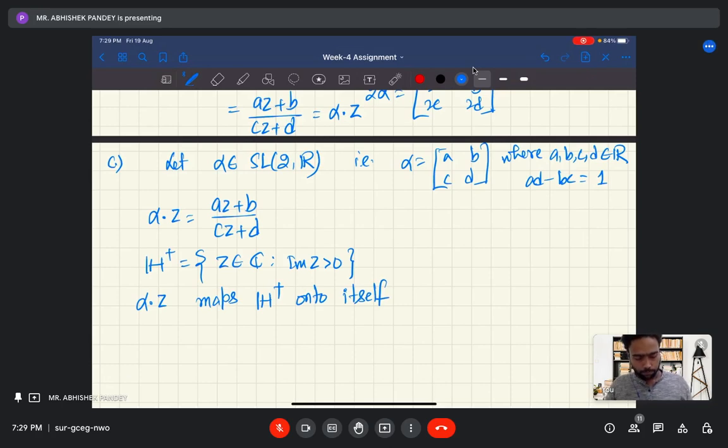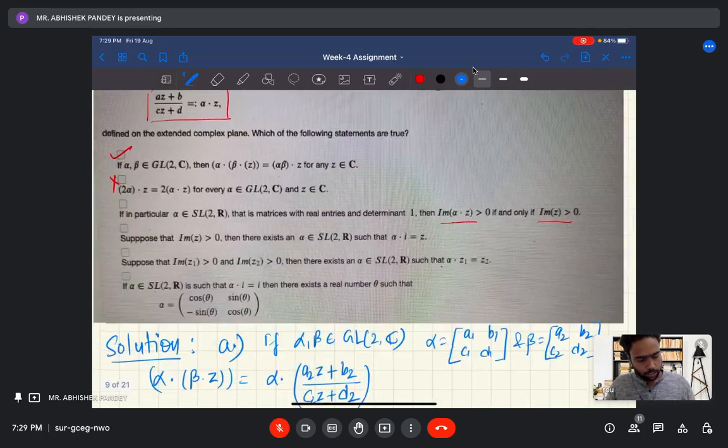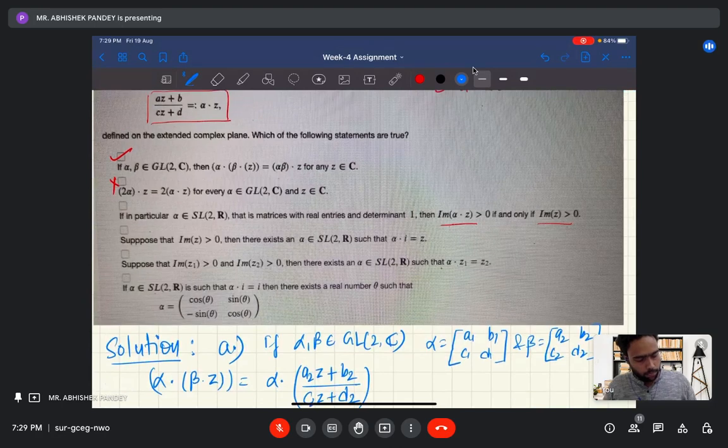If z is in the upper half plane, then the image is also in the upper half plane. Is this clear? Hello? Yes, sir. Okay, good.